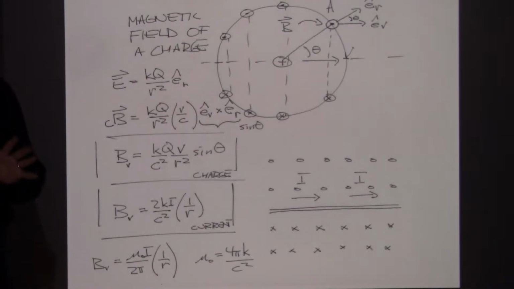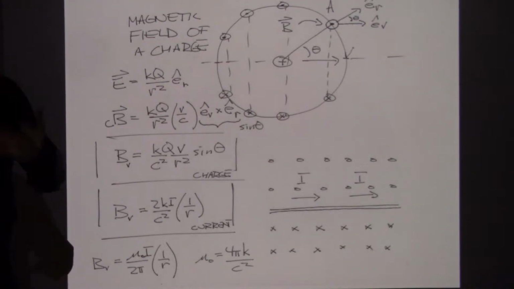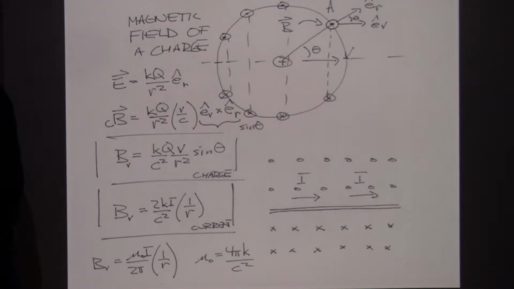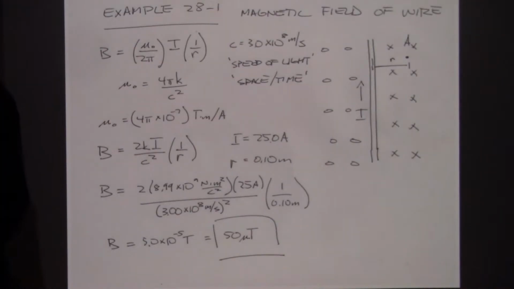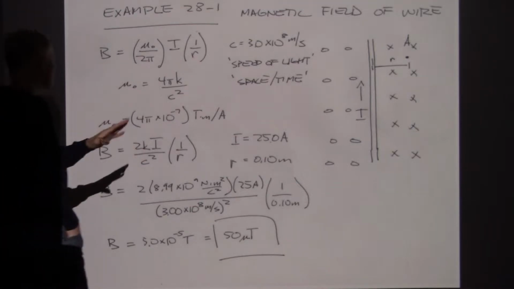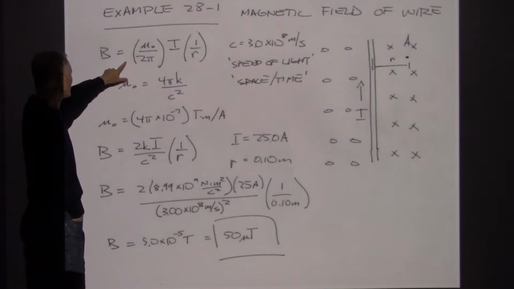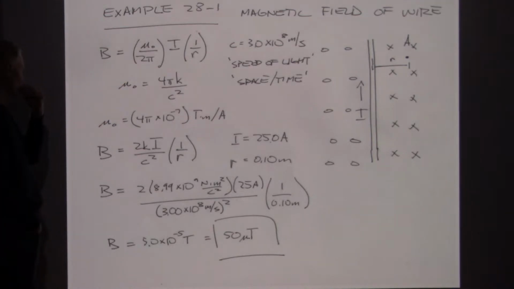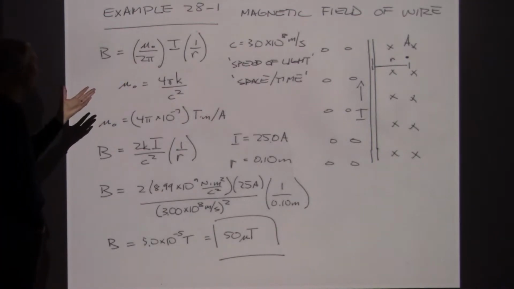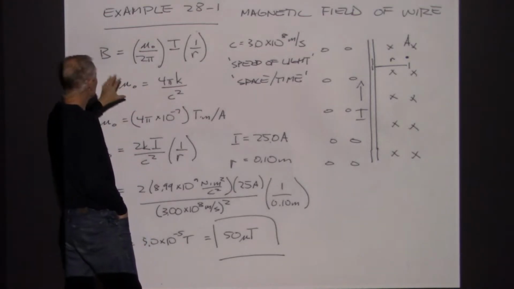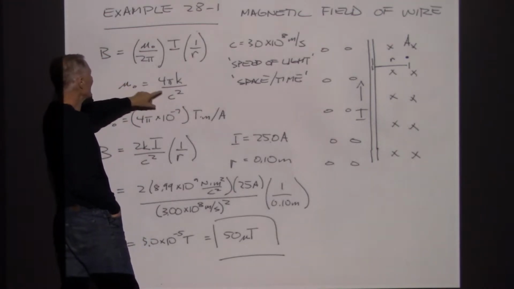We don't want to start with a current. A current is a big, complicated thing with a lot of charges in motion. I want to start with one charge, and from that formula we can derive the others. So now, thank you for your patience, I'm ready to, oh no, that's their formula, right? Which is fine.